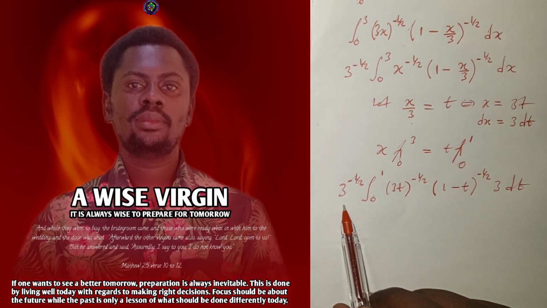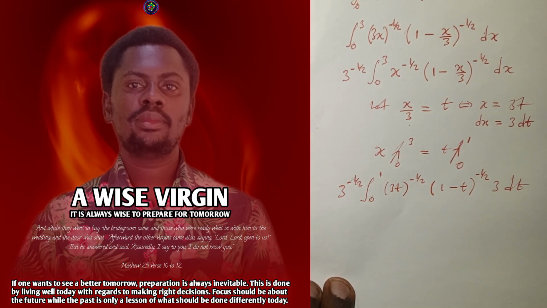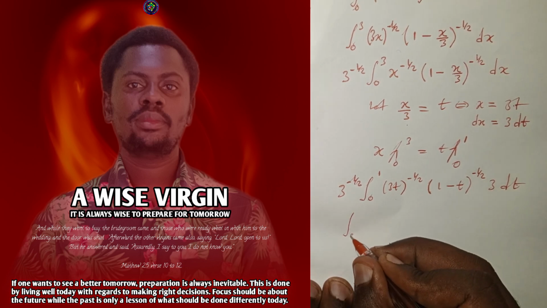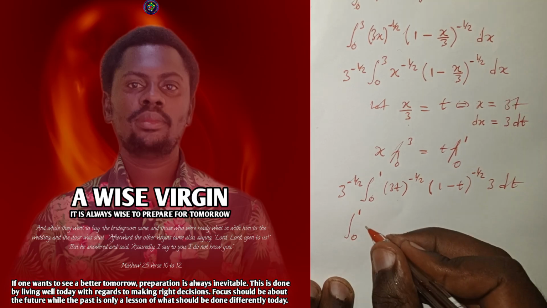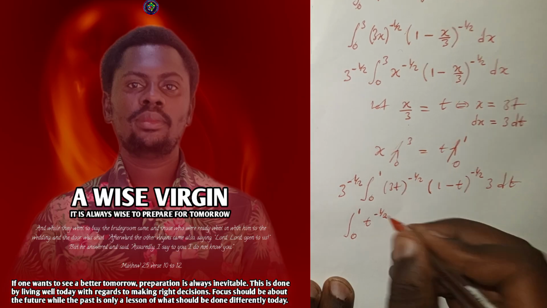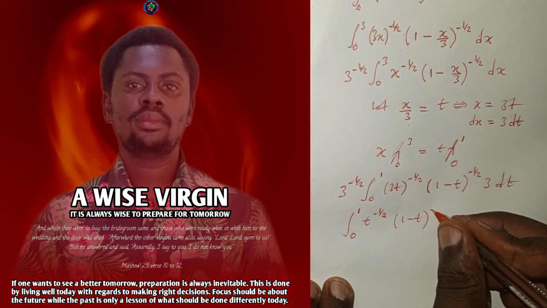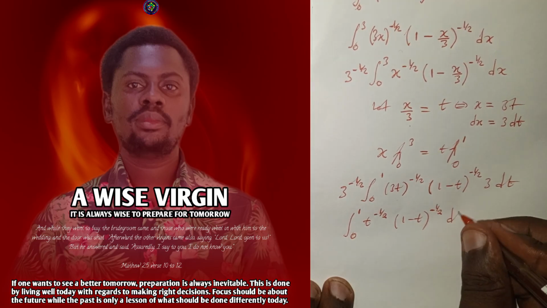So 3 to the power minus 1 multiplied by 3 is 1. So the constants cancel out, and we remain with just the integral from 0 to 1 of t to the power minus 1 over 2 times (1 minus t) to the power minus 1 over 2 dt.